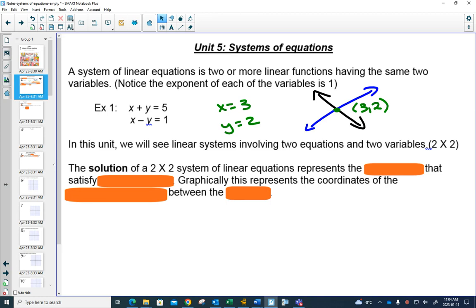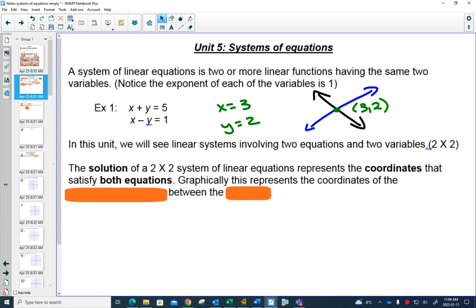We say that the solution of a 2-by-2 system of linear equations, 2-by-2 means 2 variables, 2 equations, represents the coordinates that satisfy both equations. So for example, in the one above, the point 3, 2 makes the first equation work, and it also makes the second equation work.